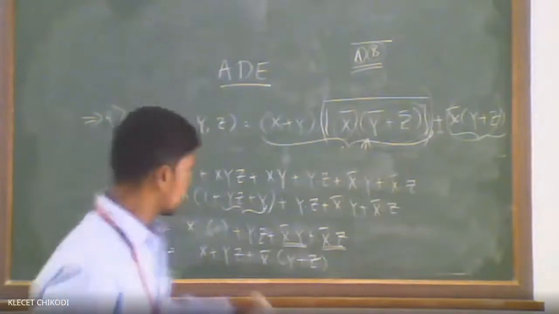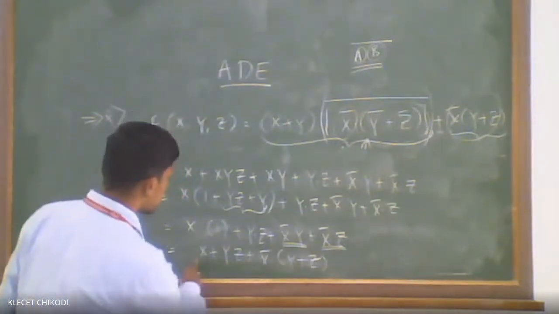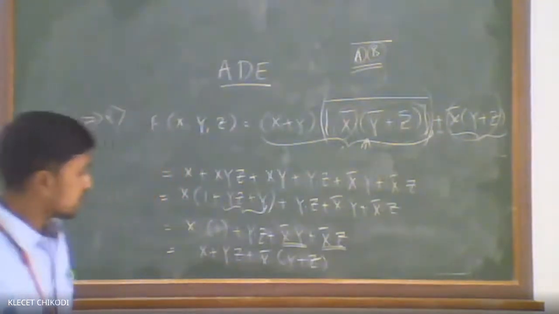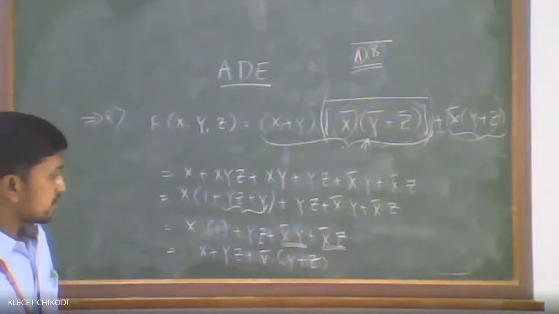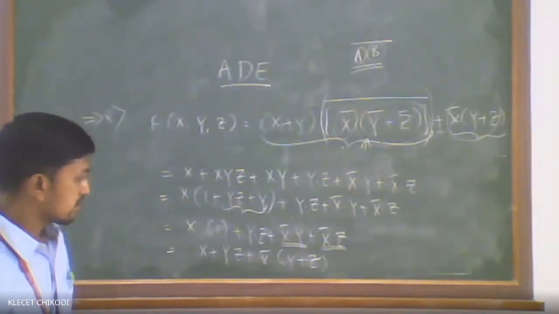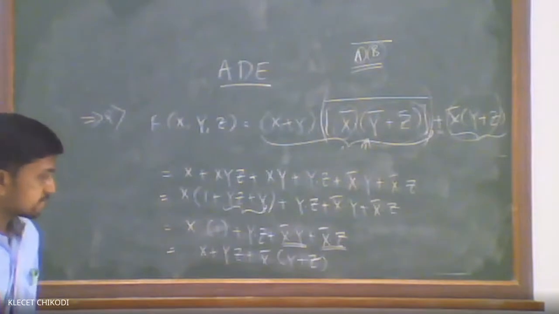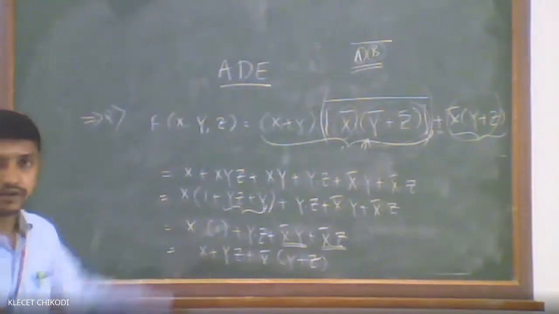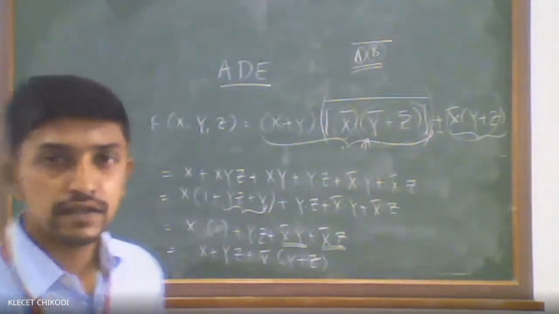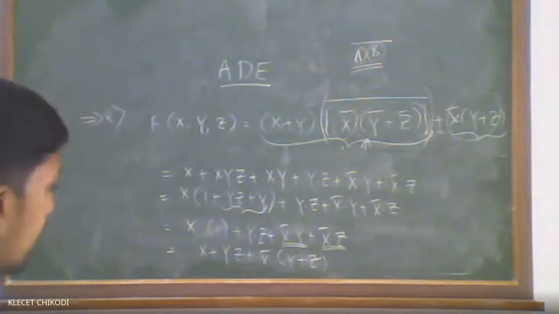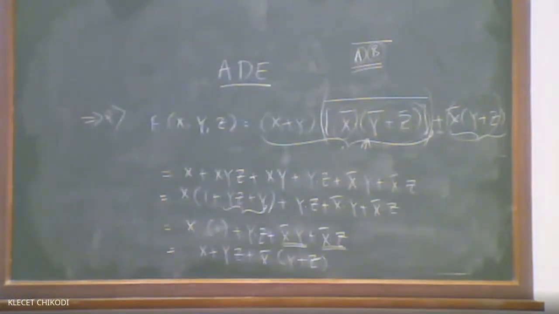So after further simplifying, we will get x plus yz plus x bar into y plus z. So this is what we got. Fine. Can you further simplify this one? Anybody?